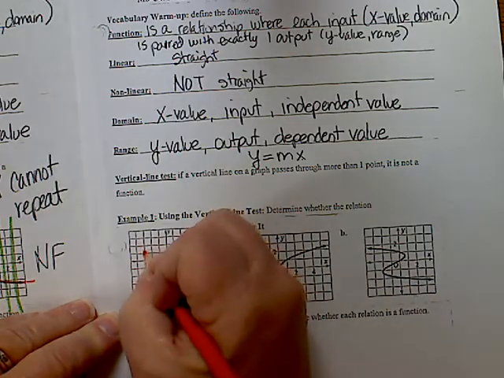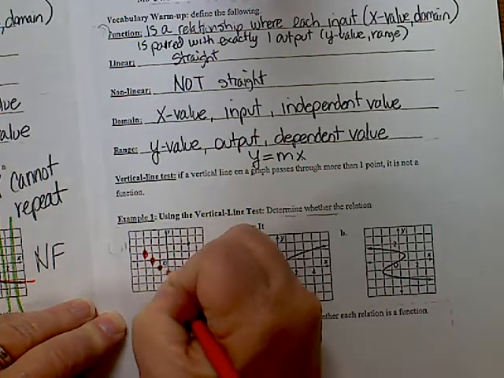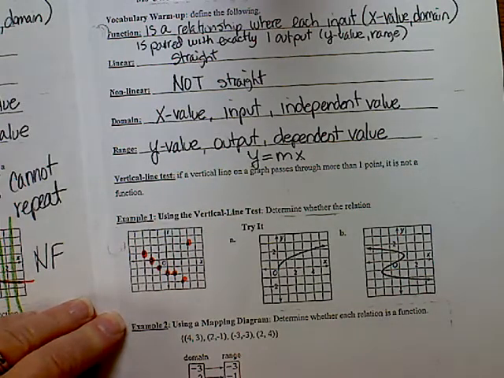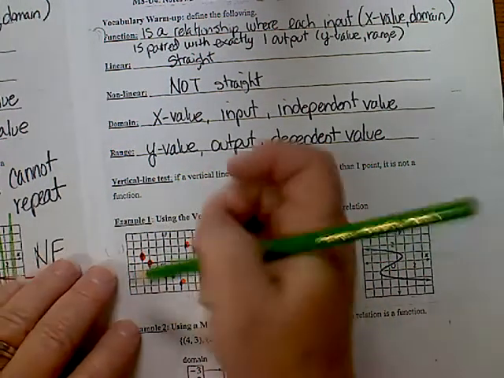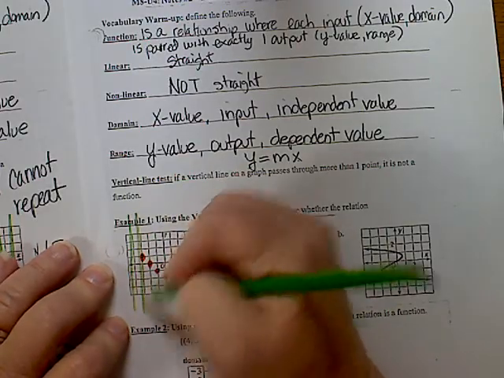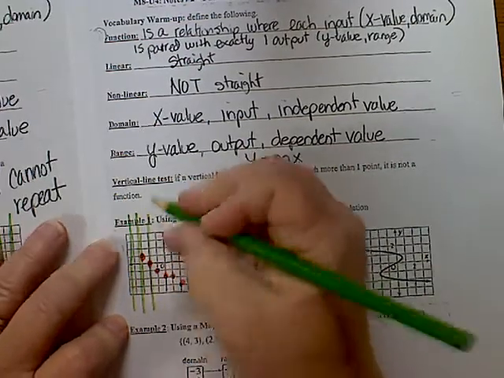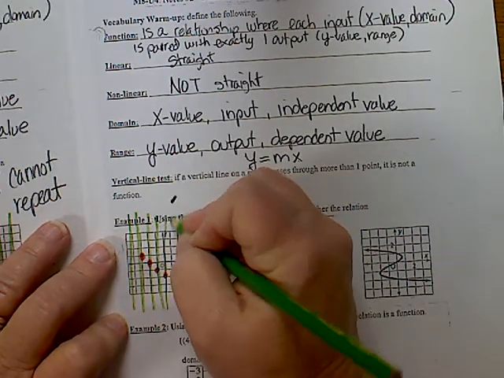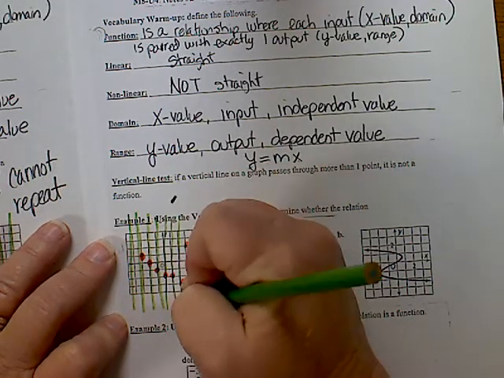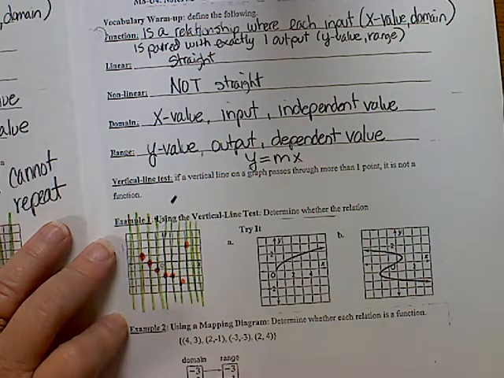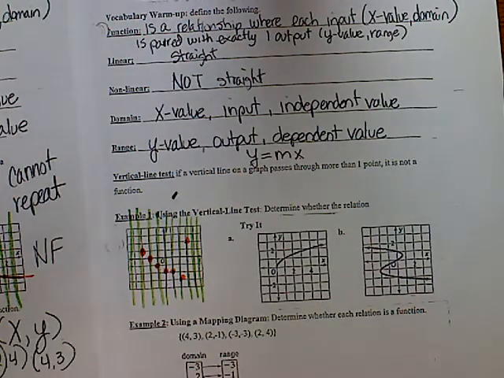I'm going to highlight my little points so that you can see them. If I take my pencil and draw a vertical line, an up and down line, you will notice that I only touch one point every time. I can draw as many lines as I want, but I don't touch more than one point.